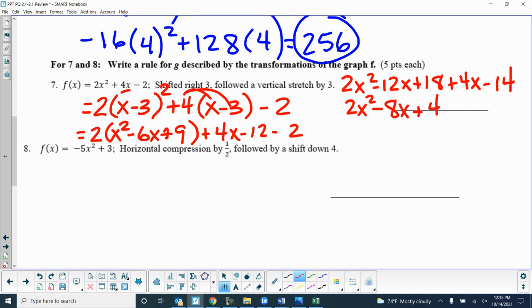Because where's the negative 2 coming from? What if you just subtract that and make it negative 14? Oh, wait, never mind, you did. Okay. Ellie, what do we got to do now? Vertical stretch by 3.